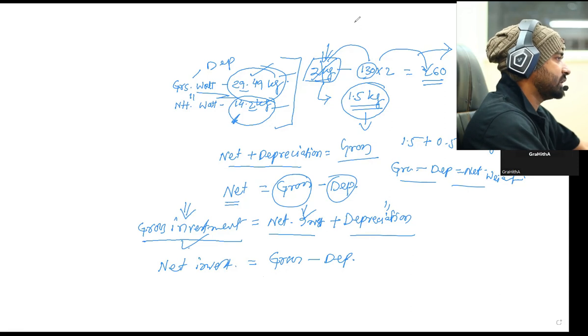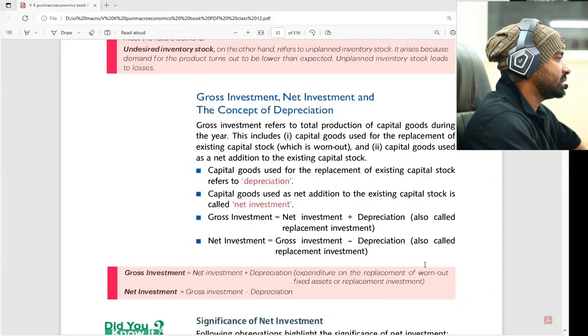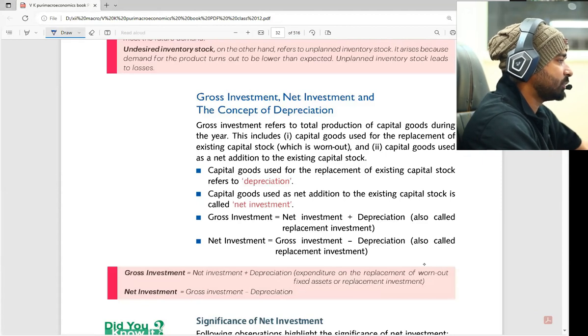Now we are going to see the book. Now you see gross investment, net investment, and the concept of depreciation. First, gross investment refers to the total production of capital goods during the year.